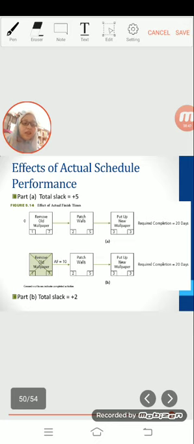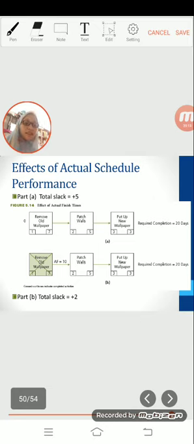Comparing this new EF of the last activity to the required completion time of 20 days, we find a difference of 2 days. The total slack got worse. It changed in a negative direction from plus 5 days to plus 2 days.